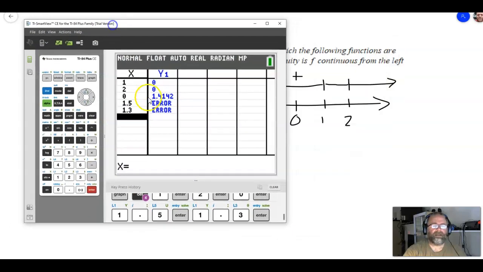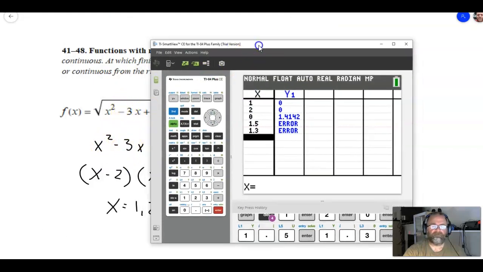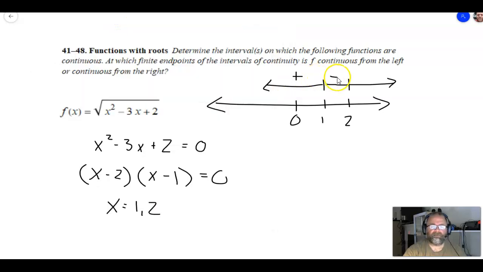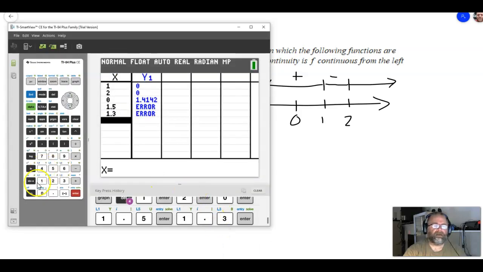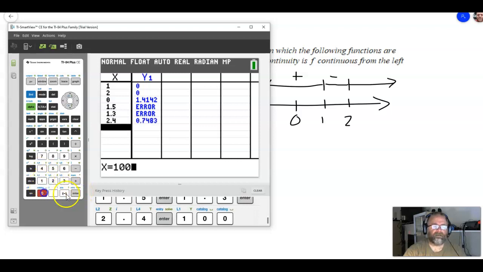No. So why can't I do that? Because it's making it negative. I probably should have just put in the function without the square root, but error means that it's trying to take the square root of a negative number. So I'll put a minus, and then if I put anything above 2, it should work. So let's do 2.4 or 100, and we get positive numbers.